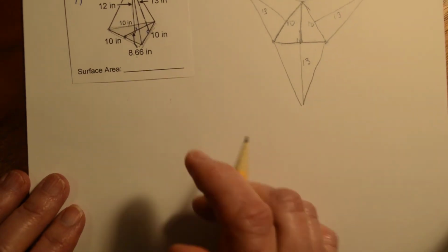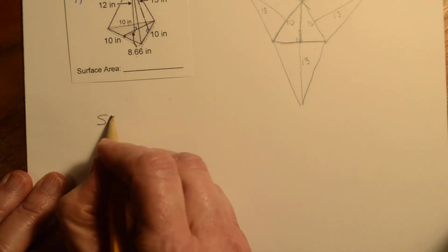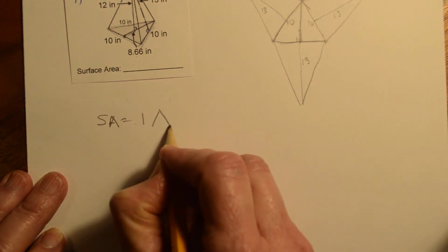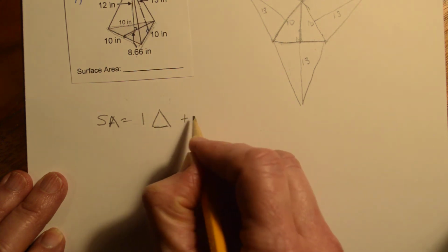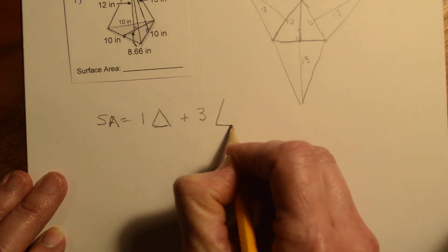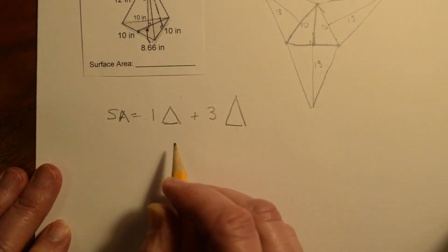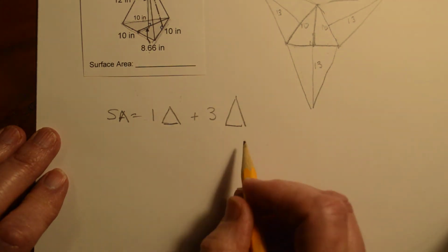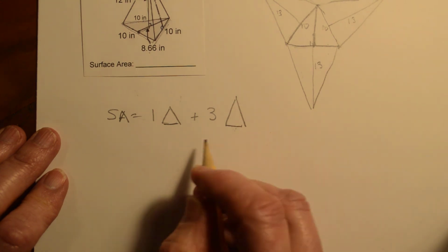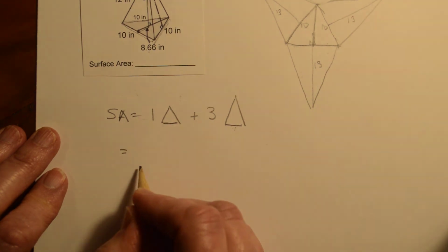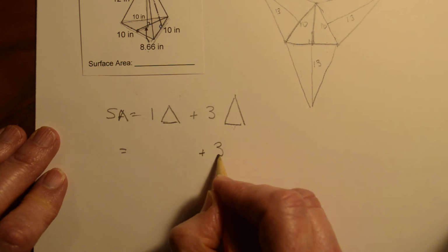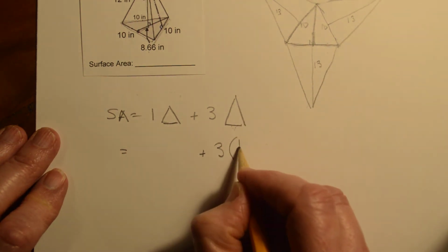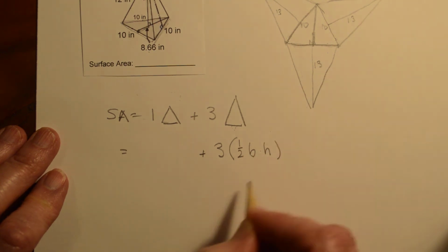So let's then write our formula down here. The surface area is going to be the one equilateral base and three of these. All right, so the one equilateral base and the three other non-equilateral triangles. Let's tackle these first because these are easier. So surface area is going to be, we'll leave room for this, plus we have three of this. So how do we find the area of that? It's 1/2 base times height.